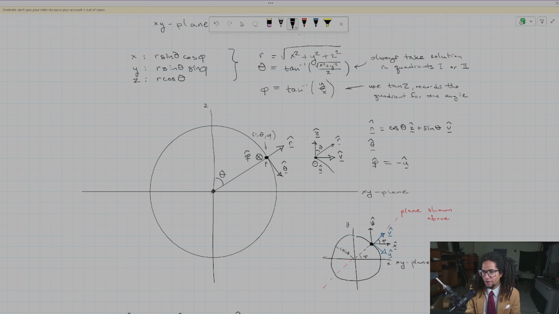And what about the theta hat vector, which is like down here? Well, the easy way to see it is that because it's 90 degrees off, we'll have to switch sine theta and cos theta. And then in terms of what gets a minus sign, we just have to look. So it's definitely the z hat direction that gets a minus sign.